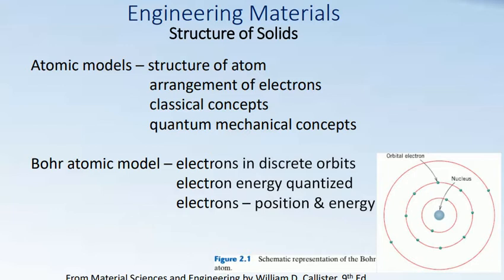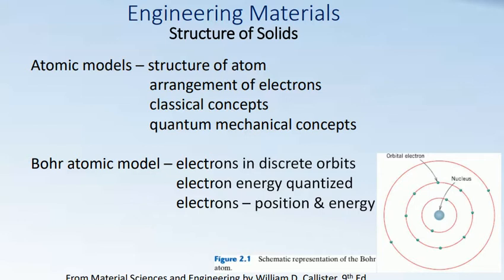Another important point in the Bohr model: this model emphasizes that the energies of electrons are quantized as well. This means, for example, for the hydrogen atom, the energy of an electron in the first, second or third orbit is fixed, is quantized.